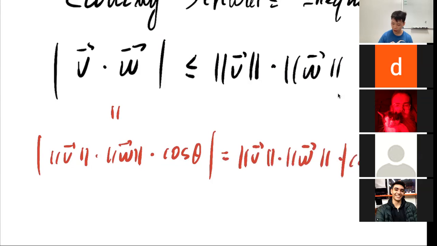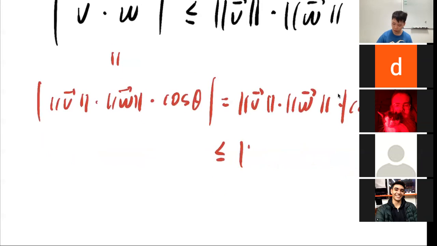Times the absolute value of cosine theta. And as you can see, the absolute value of cosine theta is always less than or equal to 1, because cosine theta oscillates between -1 and 1. So this is less than or equal to 1, which gives the right-hand side here.